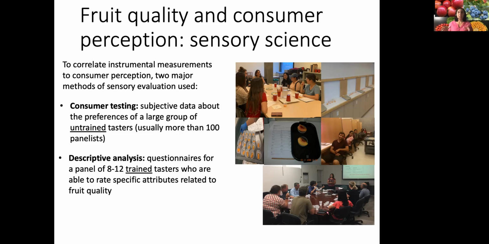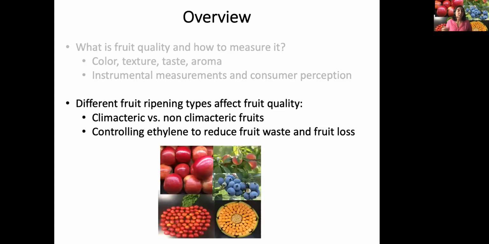So this is very important because we are able to get values quantitatively, to evaluate what we as consumers are perceiving from these fruit samples. And then it allows us to correlate these values from human perception with our instrumented values for each one of the parameters that compose fruit quality. That's how we can measure it, and we can really define fruit quality in fruits.